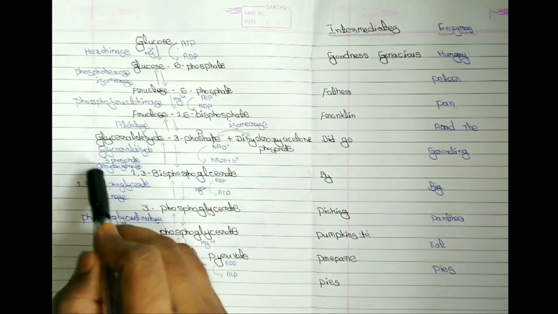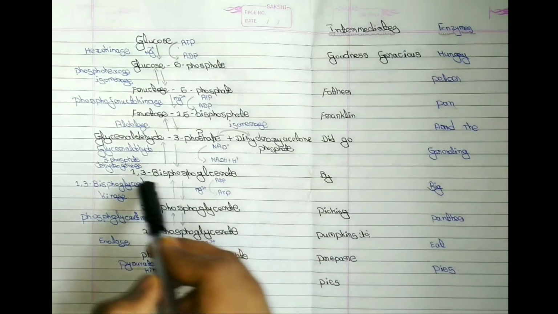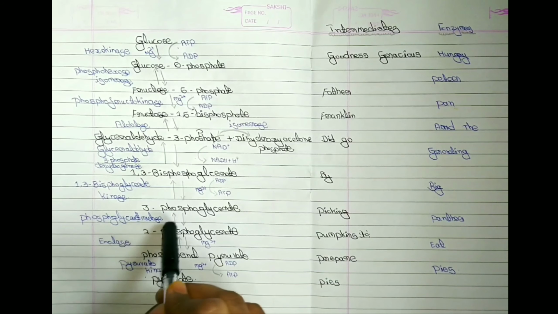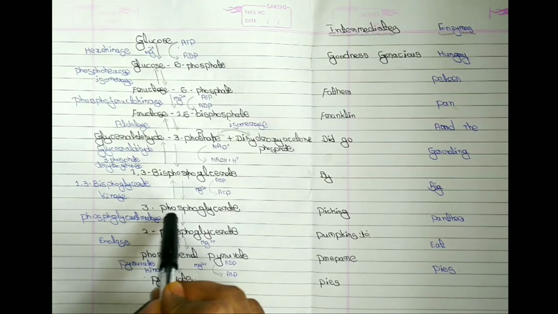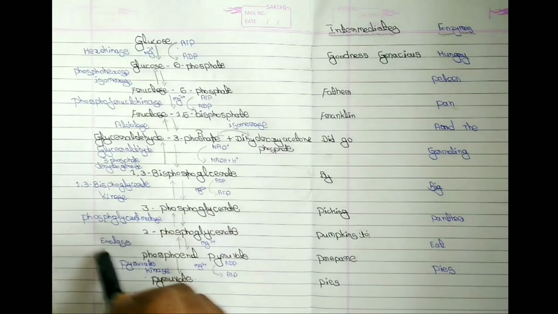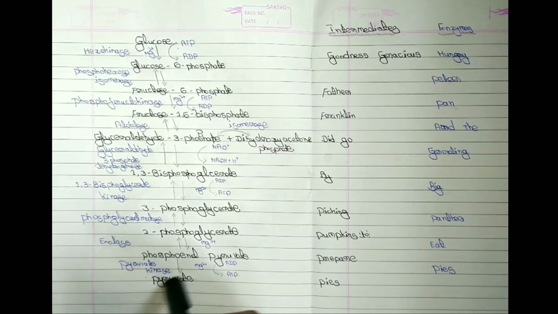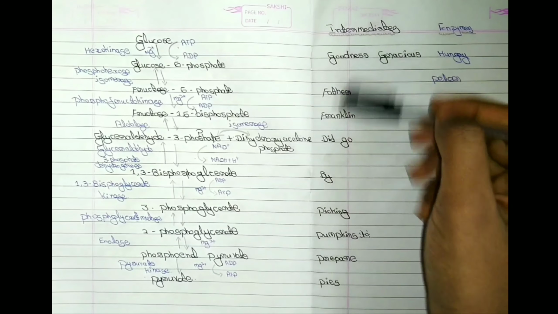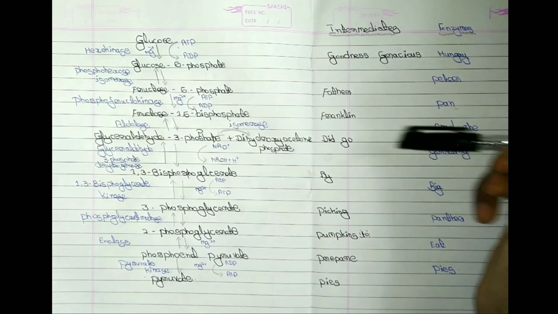Growling, glyceraldehyde 3-phosphate dehydrogenase; big, bisphosphoglycerate kinase; panther, phosphoglyceromutase; eat, enolase; peas, pyruvate kinase. With this mnemonic you can remember intermediates as well as enzymes.